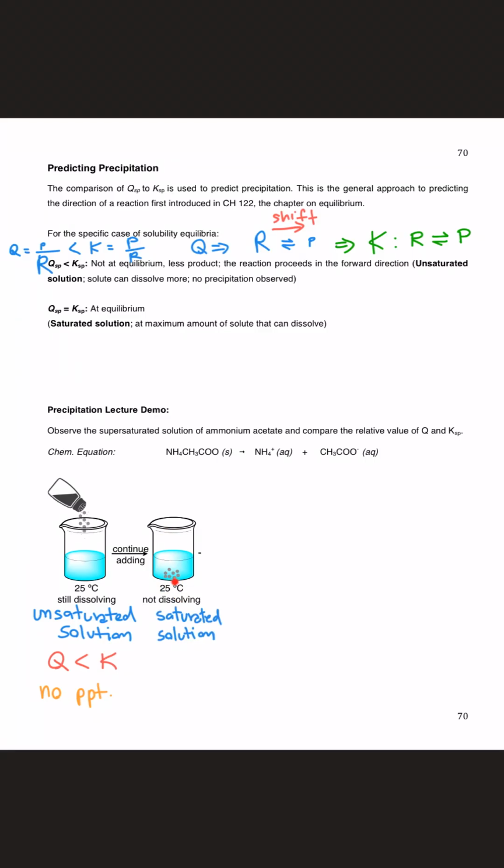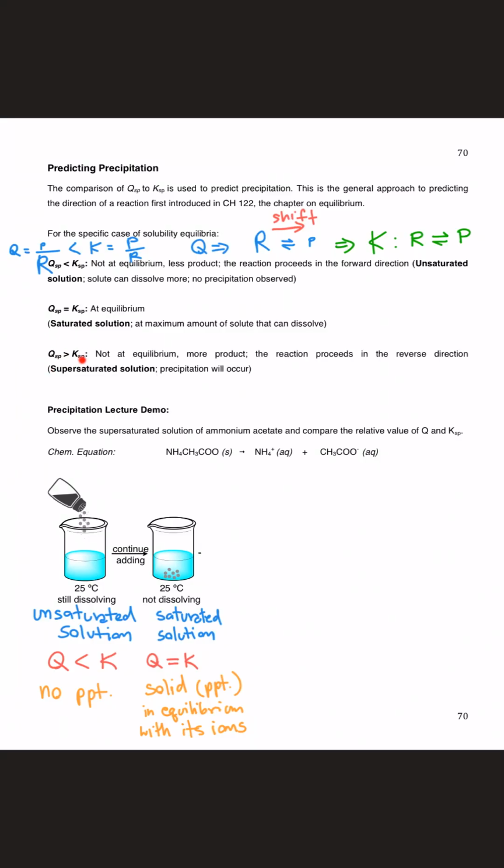At this point, Q equals K. You will see that the maximum amount of ions is present at this point. You will also observe some solids that cannot dissolve, which are in equilibrium with all of these ions.